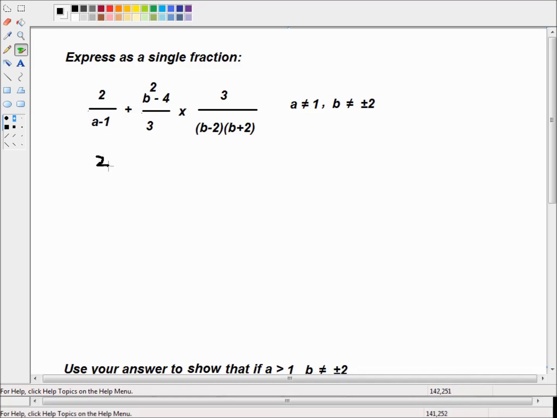So we've got 2 over a minus 1 plus, now I'm combining these two, so to multiply fractions we just multiply the numerators and denominators, so that's just 3 into b squared minus 4, and all that's over 3 into b minus 2 into b plus 2.